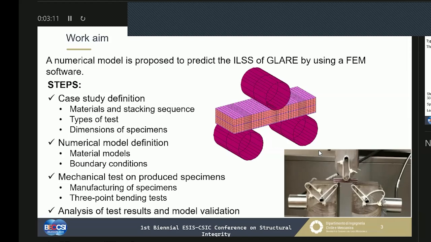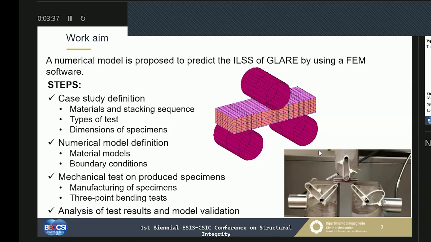First of all, there is the definition of the case study in terms of material involved, the lamination sequence, the type of test. We will see that it is a 3-point bending test to determine the ILSS, but based on a short beam. And obviously, we have to define the dimension of the specimen.